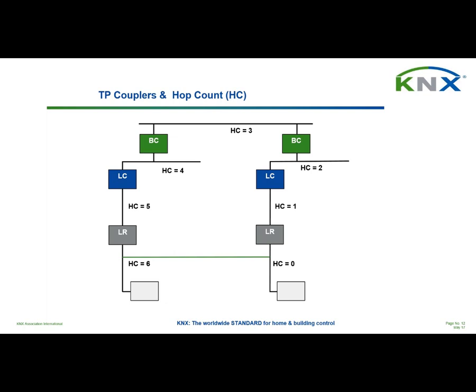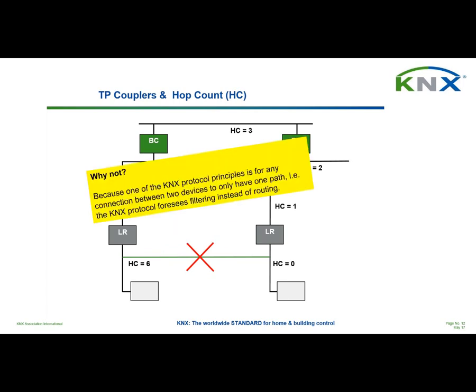Theoretically, this is possible. I don't know if you understand what I mean: this very green line here, this connection directly between the devices. Theoretically, you could also do it like that, but that is simply not allowed. That is not correct. What is the reason for that?